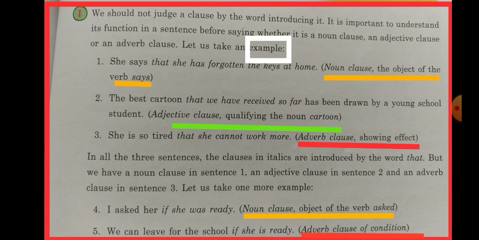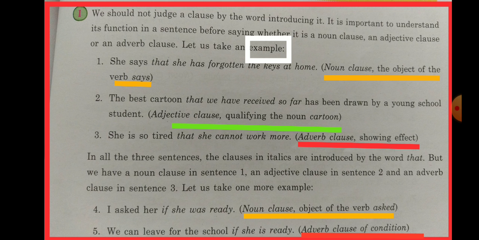But in the next sentence the introducing word is that, but here it is not a noun clause; it is working like an adjective clause. Like: the best cartoon that we have received so far has been drawn by a young school student. Now here it is working like an adjective, so it is not a noun clause.